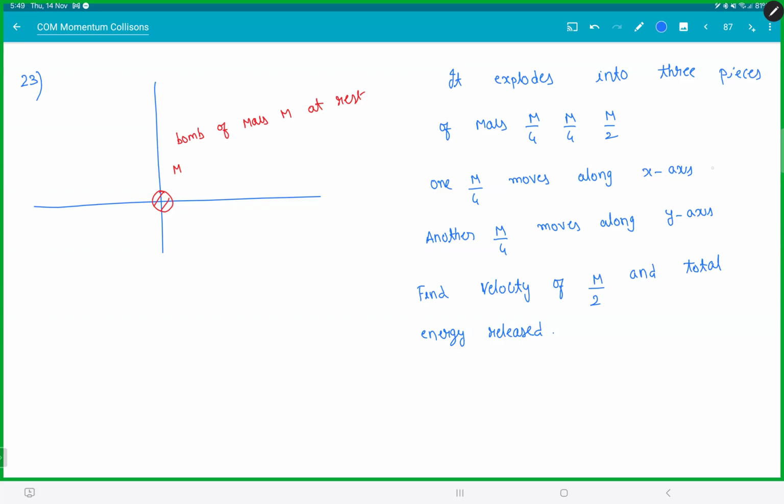Moves along x-axis with v. They're going with speed v. Yeah, speed is given. Yeah, get me the vector form now.